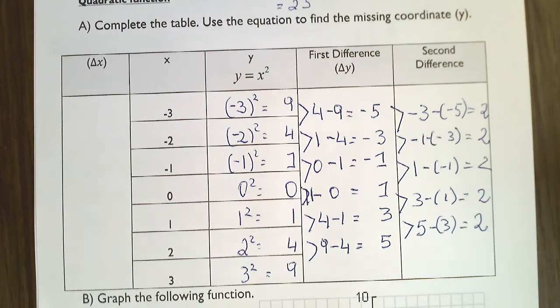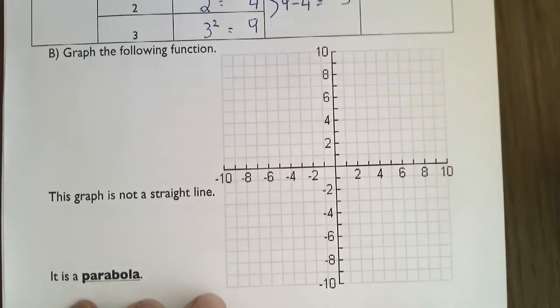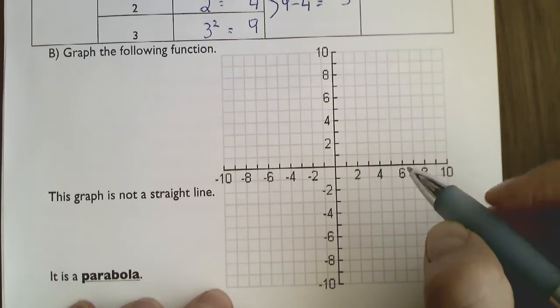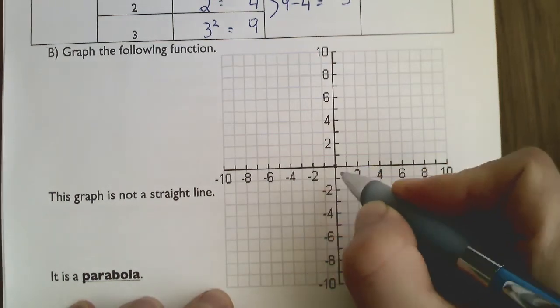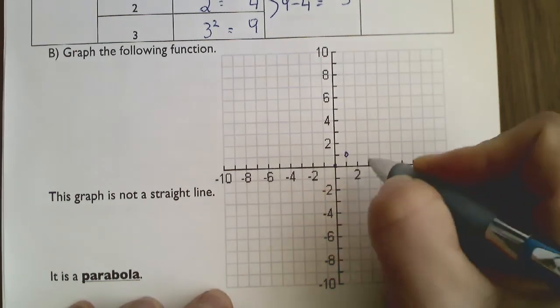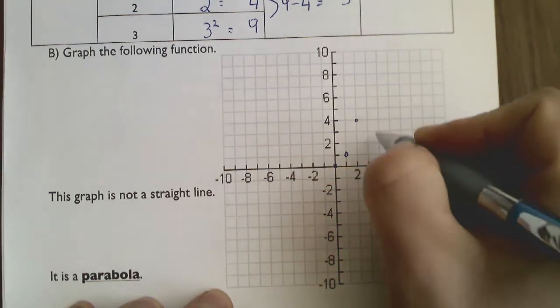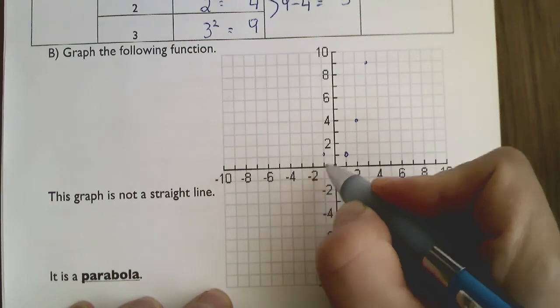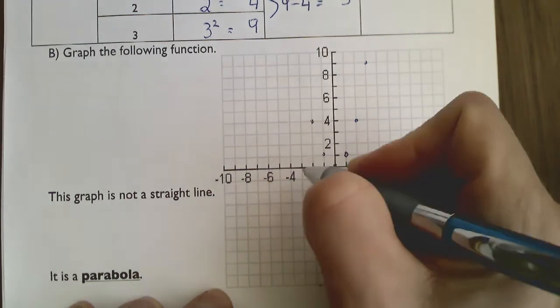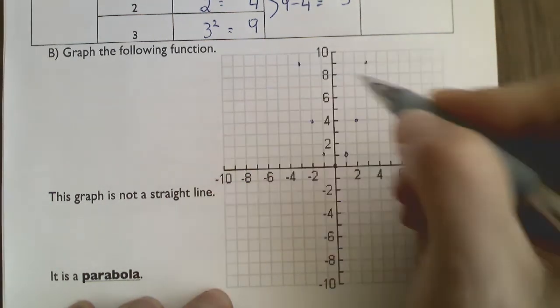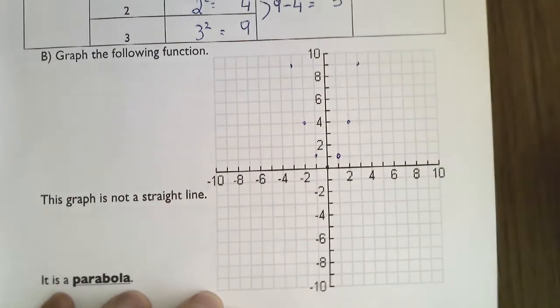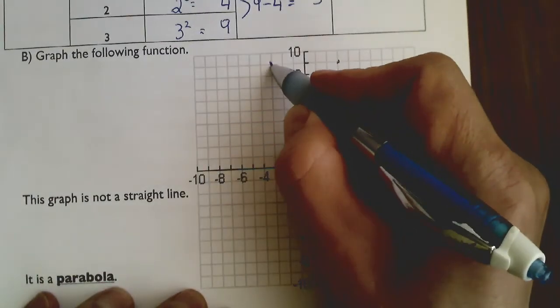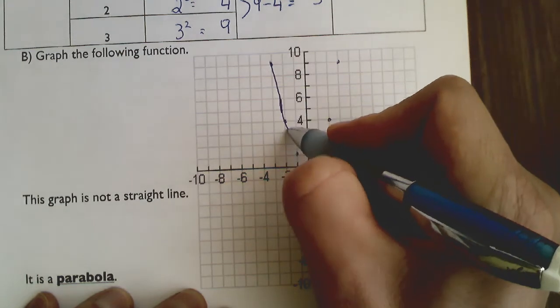Let's quickly now graph it. Okay, so the points that I got in the table values were (0, 0), (1, 1), (2, 4), (3, 9), (-1, 1), (-2, 4), (-3, 9). All right, and when I connect them together, I'm getting a curve.